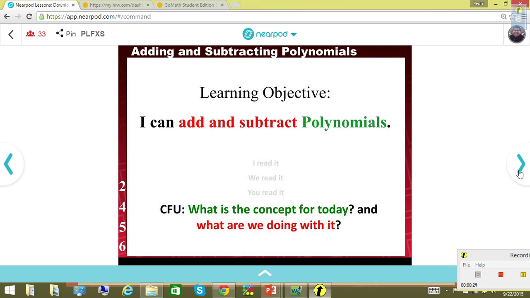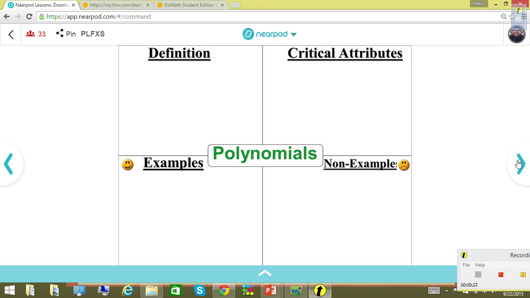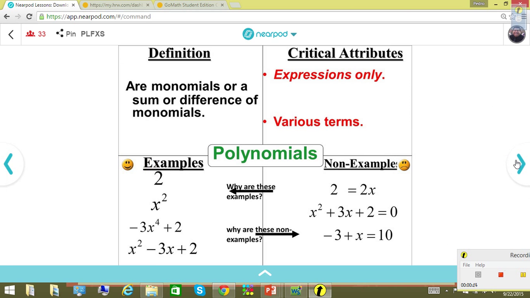So with that said, last week we had an essential question that read, what happens to the exponents of the variables of like terms? Elaborate. So we'll revisit that at the end. We also had a Frayer model, and we know now what polynomials are, or monomials.